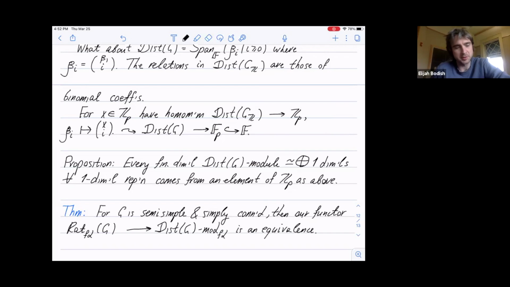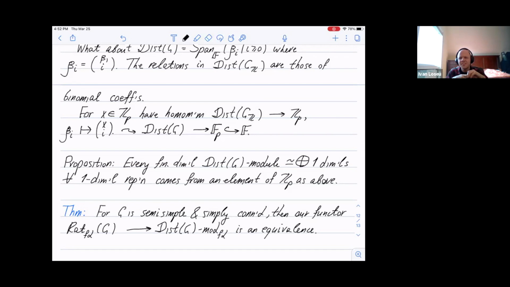Yeah, I guess maybe this is sort of related, but in the connection between this and the previous section where you're thinking about modules for the Frobenius kernel G1, does this equivalence play well with Frobenius twist?